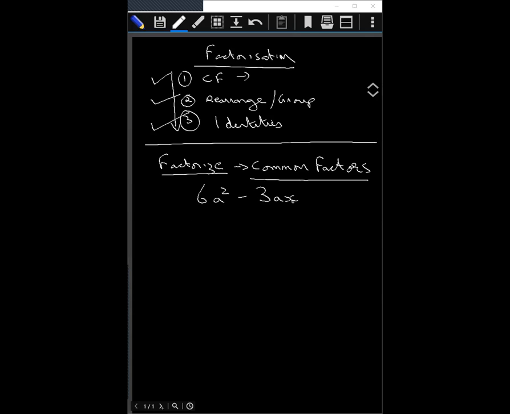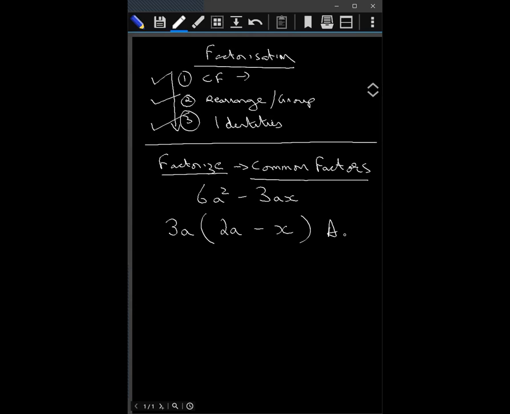Now, in 6a squared and minus 3ax, what are the common factors? 3a. So we'll take 3a outside and open a bracket. Divide 6a squared by 3a. What will you get? 2a. And then we have a minus, so we'll put minus. And then what will be left in the other one? x. So what is our answer? 3a into 2a minus x.